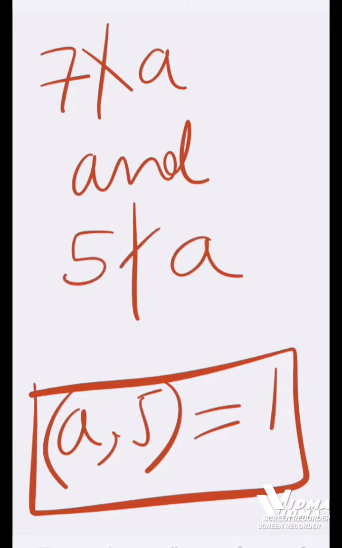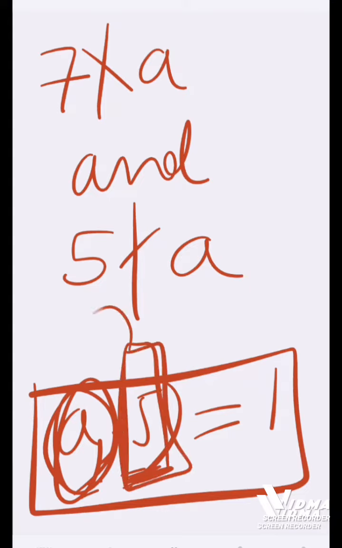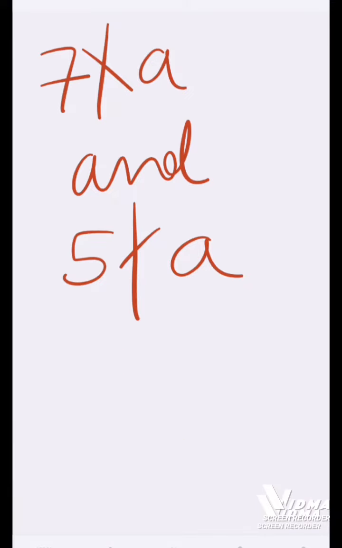Obviously, because there is nothing common between a number a and 5, which is a prime number. So we can directly say that this prime number must not be dividing this one. So now if we have 7, that means a prime that does not divide a, and 5, again a prime that does not divide a, that means we can apply Fermat's theorem.